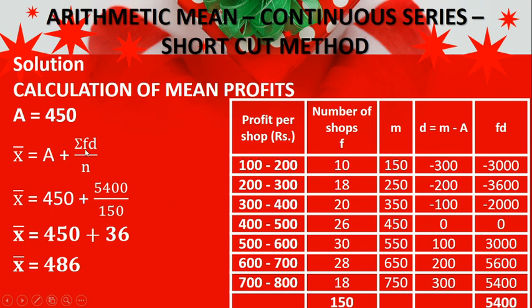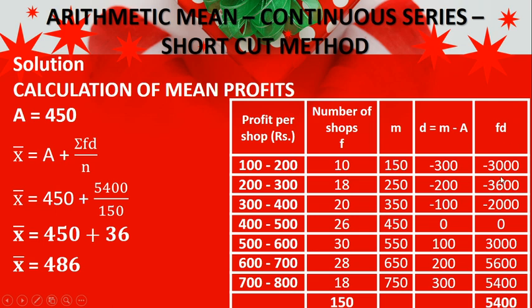Next, for the formula we need FD. D is here, F is already in the question, F into D is FD. So 10 into minus 300, minus 3000. 18 into minus 200, minus 3600. 20 into minus 100, minus 2000. 26 into 0, 0. 30 into 100, 3000. 28 into 200, 5600. 18 into 300, 5400.